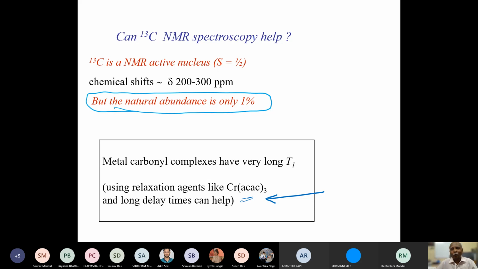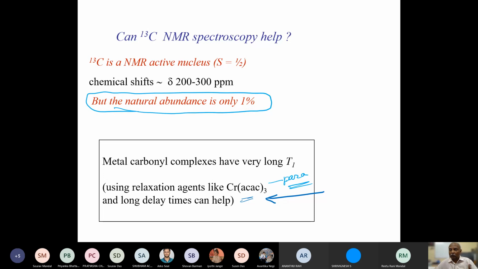Now, this is not always recommended. If you have a paramagnetic metal in solution, it can cause a paramagnetic shift. If your analyte of interest is going to interact with the chromium, then the chromium acac thrice, which is a paramagnetic species, will induce rapid relaxation of the nuclei from the higher energy level to the lower energy level.